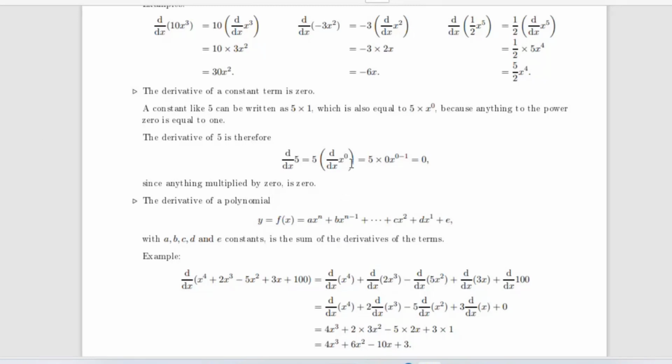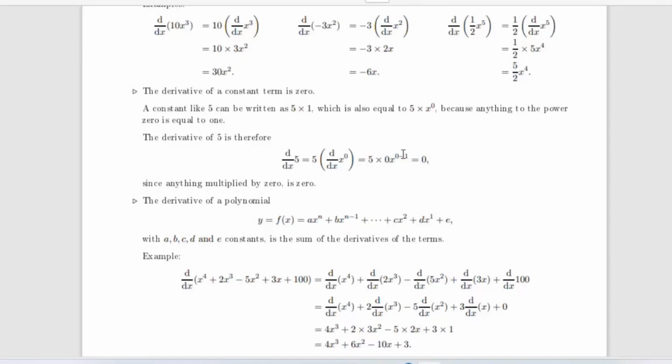Now we are here. They are saying 5 is a constant, but it is being differentiated with respect to x. Now they have x to the power 0. You bring the 0 in front of x, then you raise x to the power 0 minus 1. I'm posing this question to the two of you.